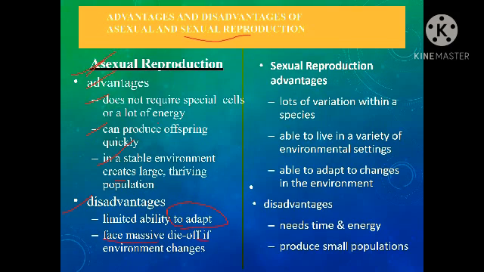Coming to sexual reproduction, there is lots of variation within the species, and it is able to live in a variety of environmental settings and adapt to changes, while asexual reproduction cannot. The disadvantages of sexual reproduction are that it needs time and energy and produces smaller populations.